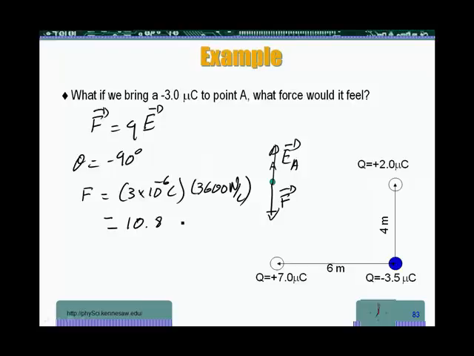So it is 10.8 times 10 to the minus 3 newtons, or 10.8 millinewtons.